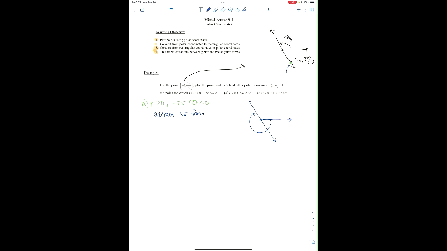Right now we're above 0, so to get into that range we subtract 2 pi from our 2 pi over 3, and that gives us -3 and -4 pi over 3.